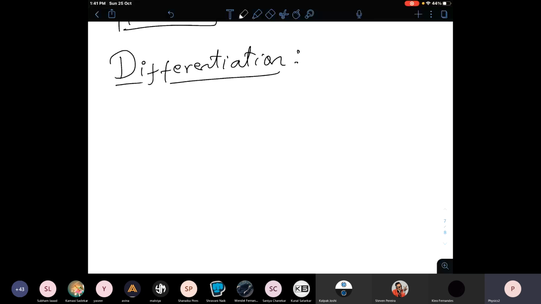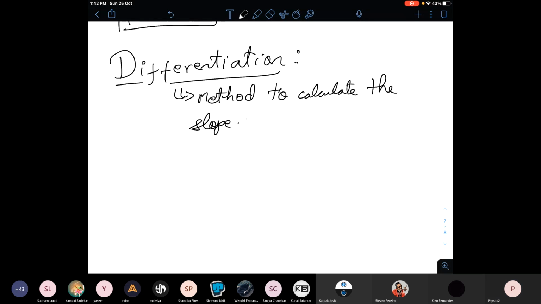So what is differentiation? Differentiation is a process of finding the slope of a line. You can say it is a method to calculate the slope of a line or tangent to a curve.